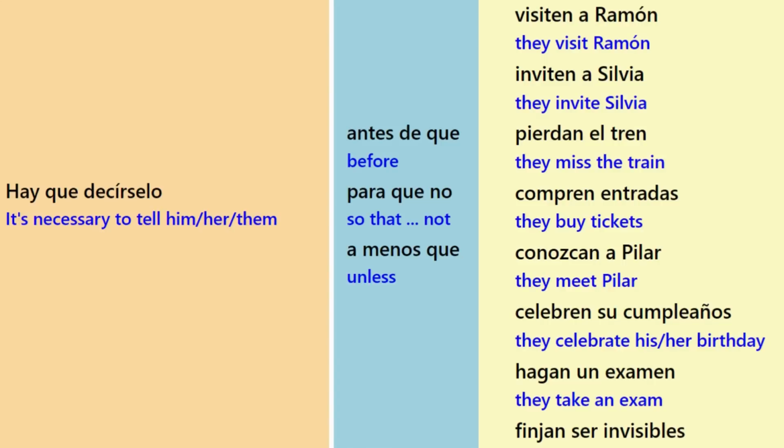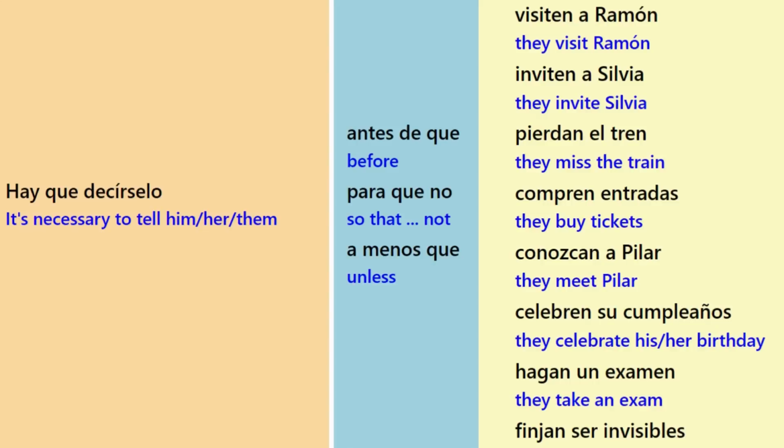And if we wanted to change they, visit Ramon, they miss the train, we just remove the N and then it will be he or she. So if we wanted to say you need to tell them, or you need to tell him so that he doesn't buy tickets, hay que decírselo para que no compre entradas.